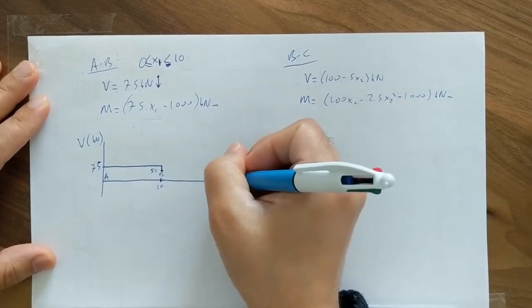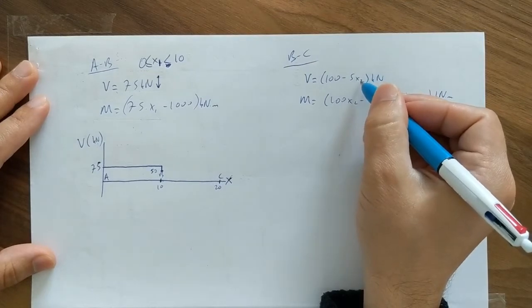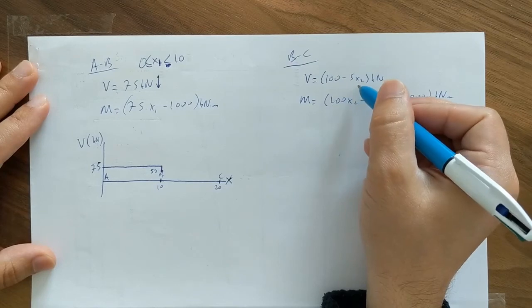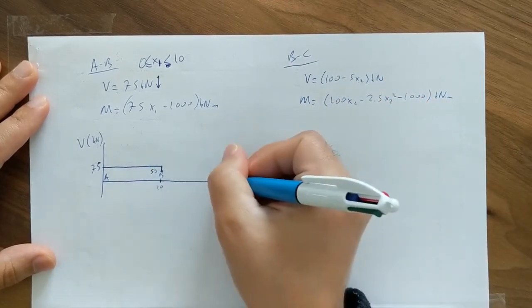From here to point C, I enter 20 for x2 and I get 0. So from here to here I go down to 0.